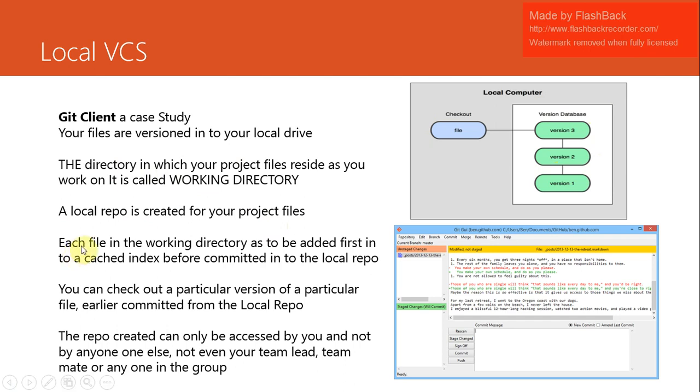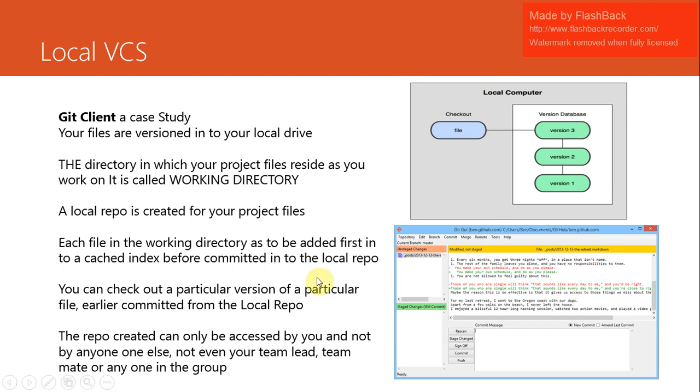Now, the next one is each file in the working directory has to be added first to a cached index before being committed into the local repo. This is to say that you don't just commit from your working directory straight to your local repo. There is a place in between, which is always called the cached index. So you add to the cached index and then you commit to the local repo.